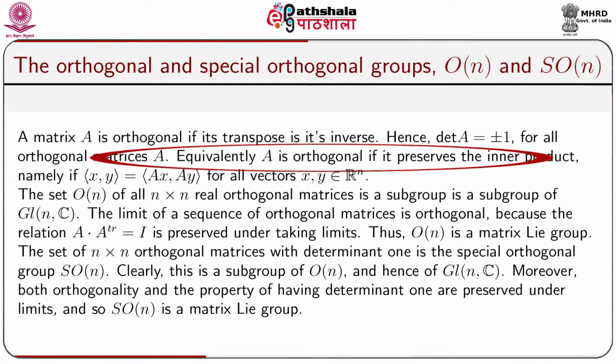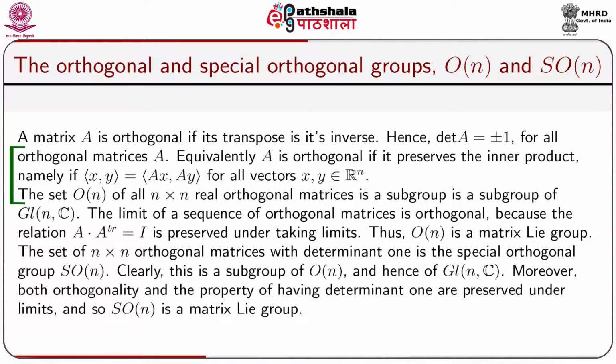Equivalently, A is orthogonal if its transpose is its inverse. That means a matrix with entries from R is orthogonal if A transpose A is equal to the identity matrix, and a special orthogonal matrix is any orthogonal matrix whose determinant is 1.